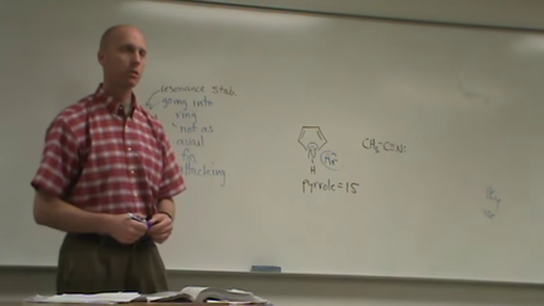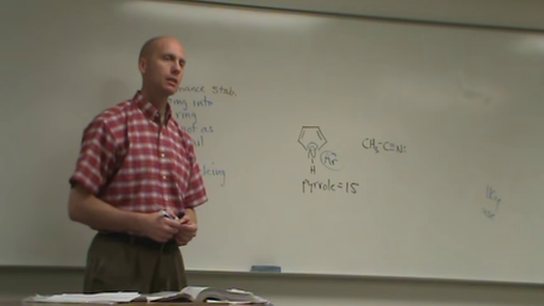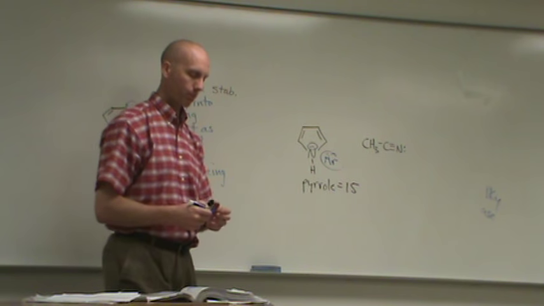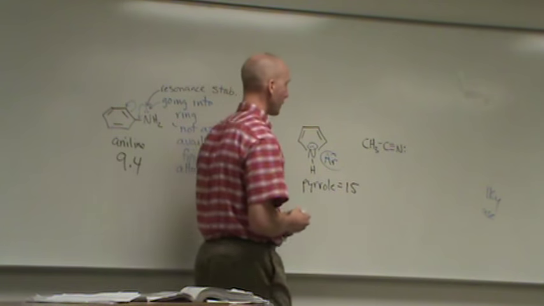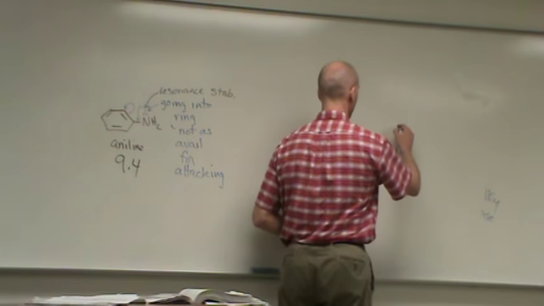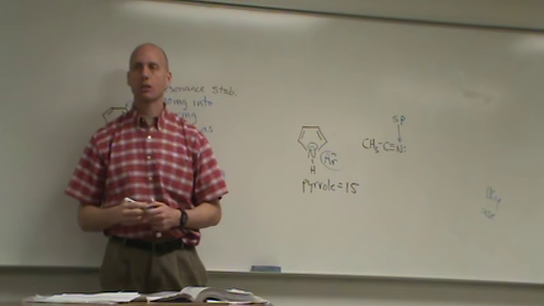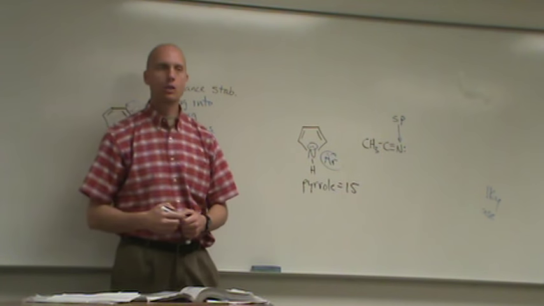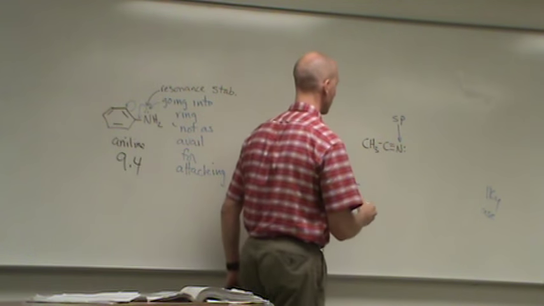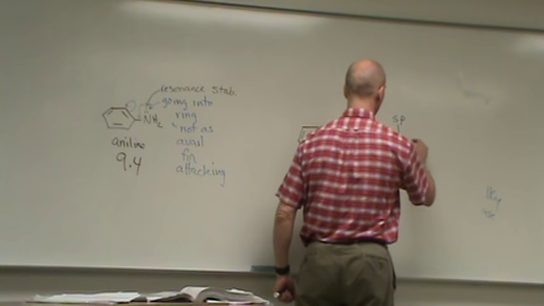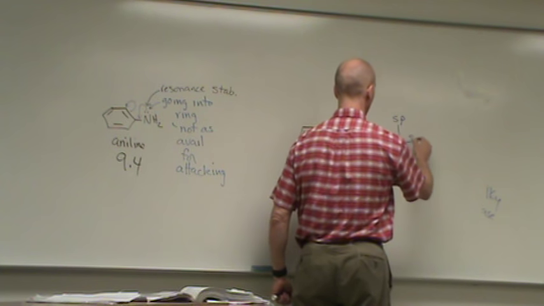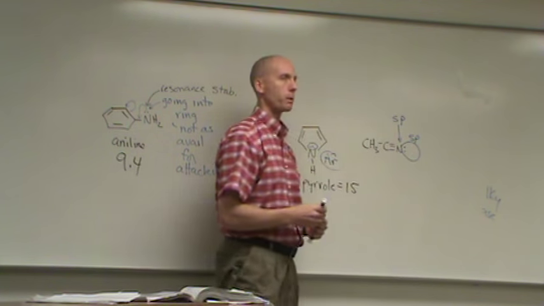Do you think that'll be a strong base or not? Well, the way to view that is this nitrogen is sp hybridized, okay? So that means that this lone pair is in an sp orbital.